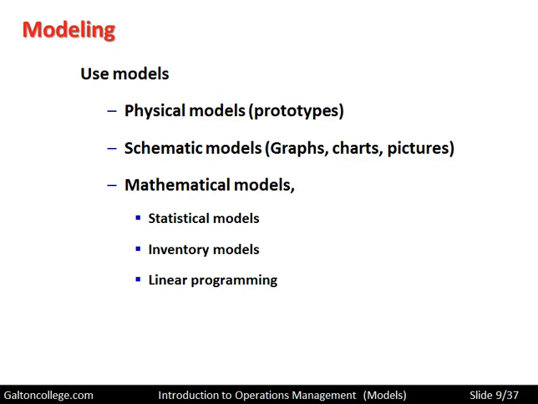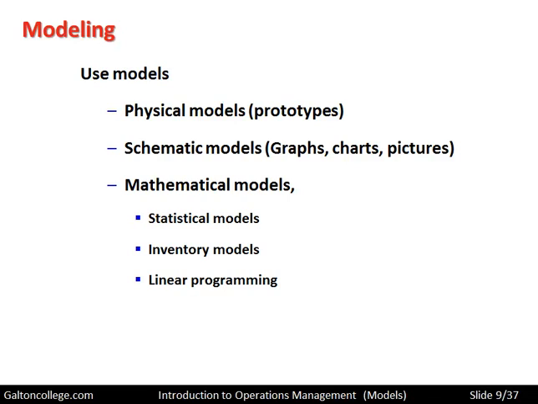Sometimes people use very sophisticated mathematical models to solve particular problems. For example, linear programming may be used. There are constraints and there's an objective function. The objective function is to, let's say, maximize the throughput of the production system, maximize the amount that's been produced.